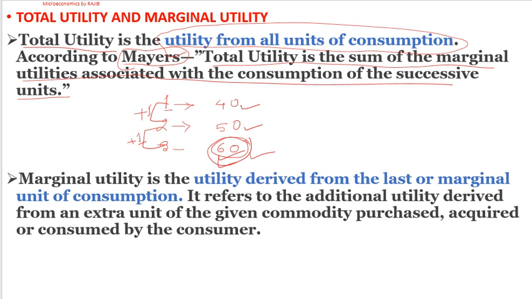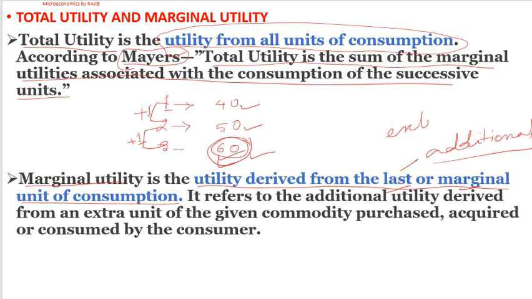And let's come to the marginal utility. Marginal utility is the utility derived from the last or marginal unit of consumption. Here it is written last or marginal. These are the key words here, last and marginal, or you may remember additional, or you may say extra unit.